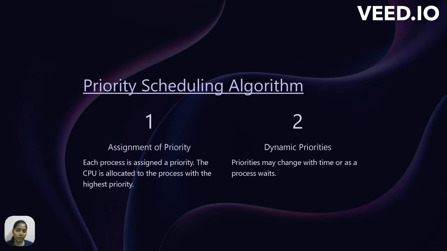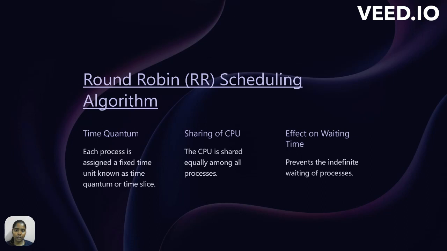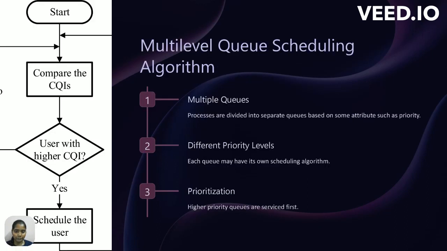Priority scheduling has assignment of priority and dynamic priorities, with descriptions of both. Round robin scheduling is also divided into three types: time quantum, sharing of CPU, and effect on waiting time. Multi-level queue scheduling algorithm has multiple queues, different priority levels, and prioritization.